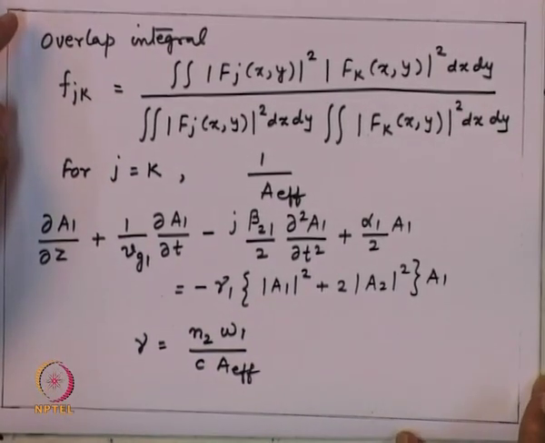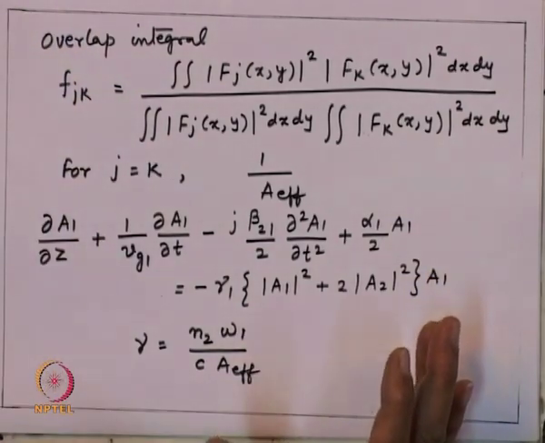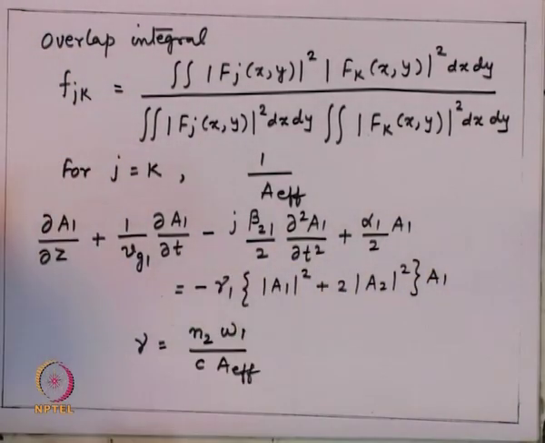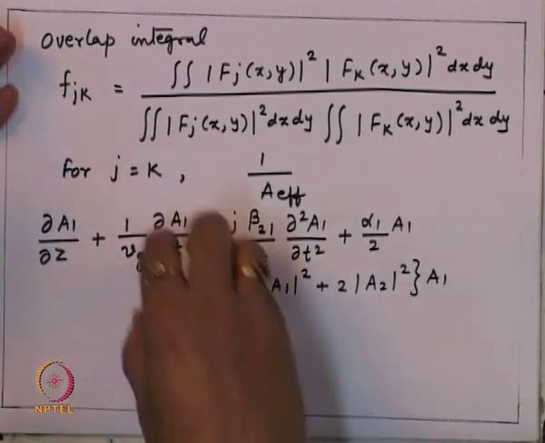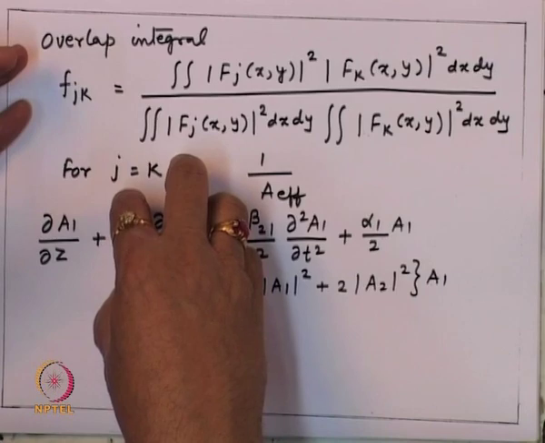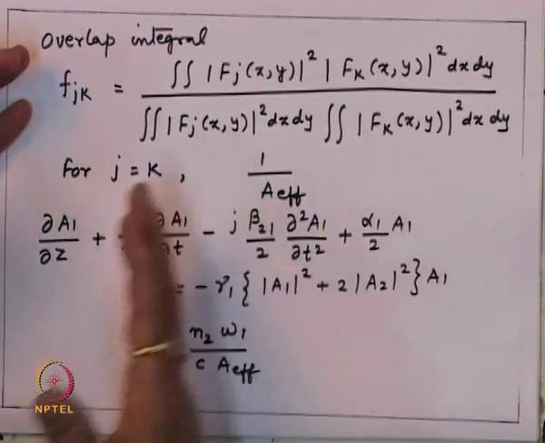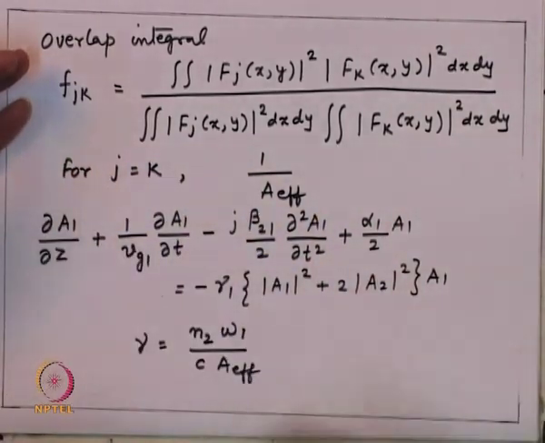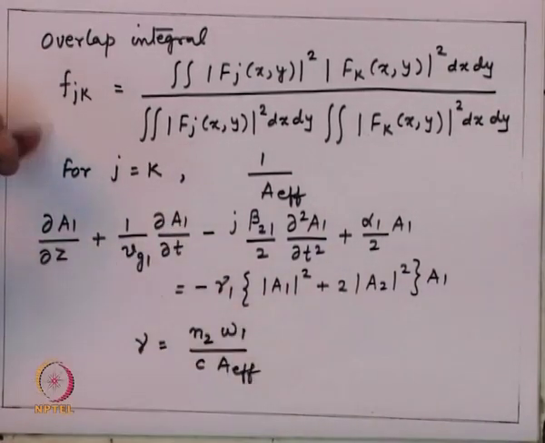A few things to note here. First of all, earlier we had taken this term and defined a moving frame so that this term vanished, because we had a frame moving with the pulse. In that frame of reference, this velocity was equal to 0.